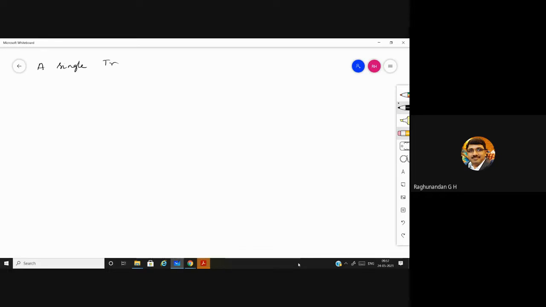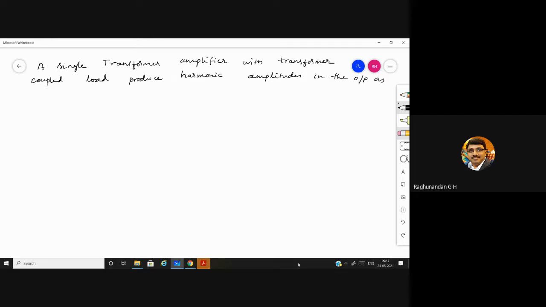A single transformer amplifier with transformer coupled load produces harmonic amplitudes in the output as B0 is equal to 1.5 milliamp, B1 is equal to 120 milliamp, B2 is equal to 10 milliamp, B3 is equal to 4 milliamp, B4 is equal to 2 milliamp, B5 is equal to 1 milliamp.